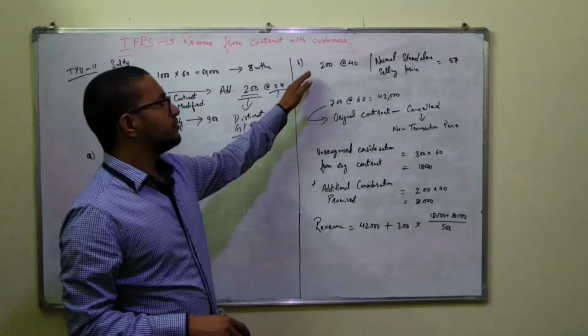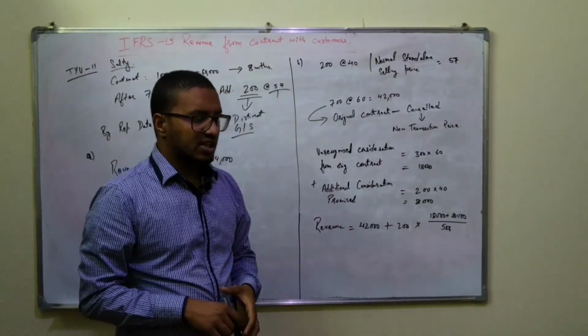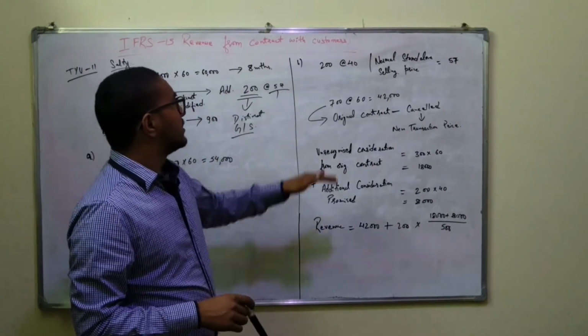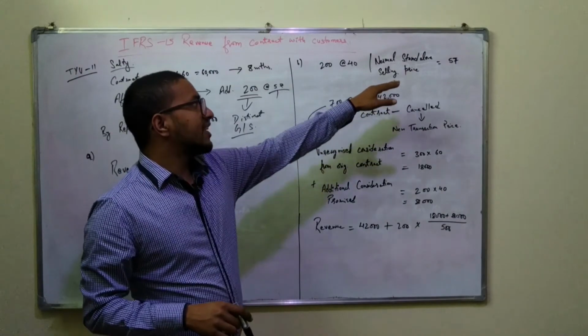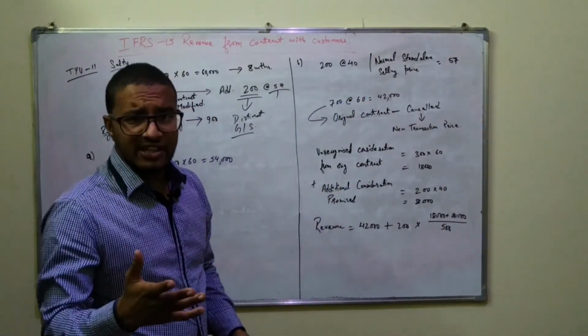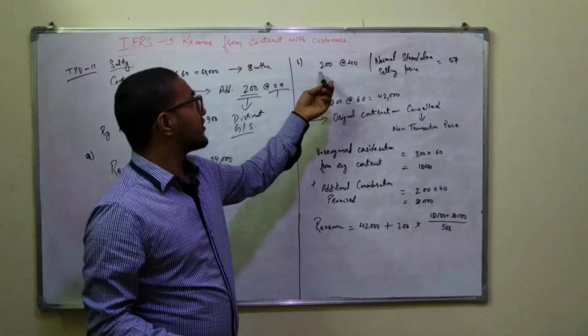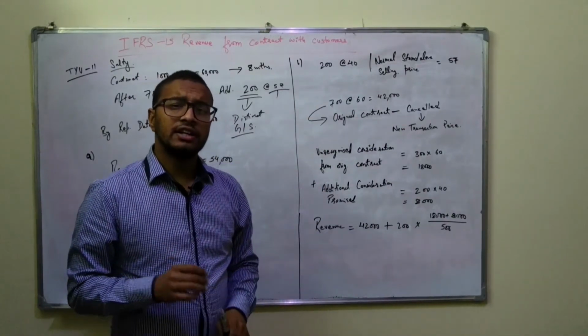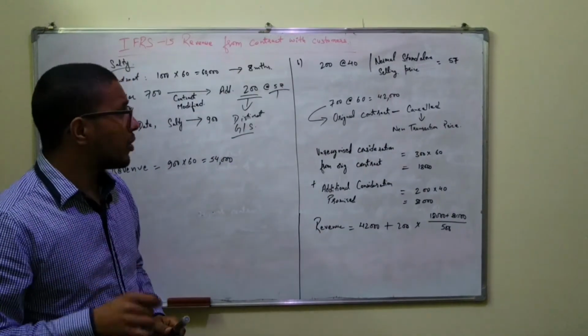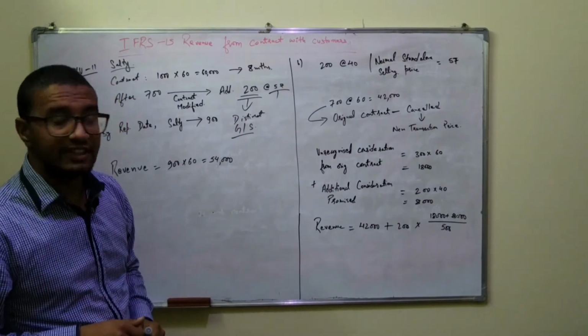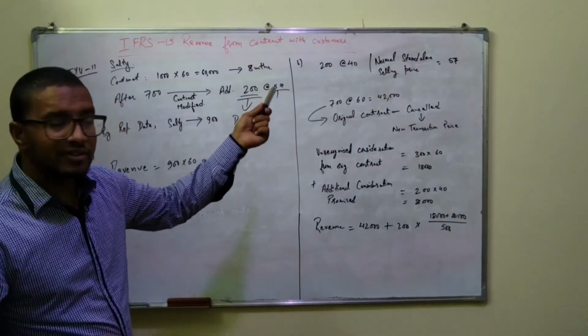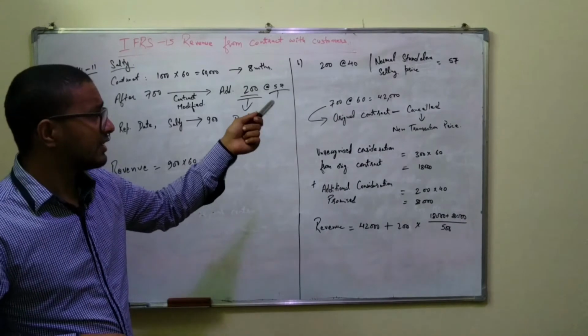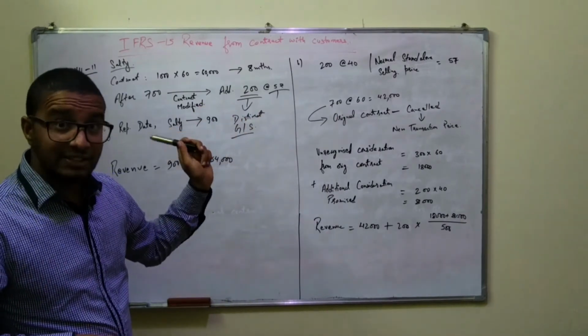So in case of B, the question has given us an assumption that the normal standalone selling price is 57, but when the new contract happened, when they signed a new contract, they signed it at a lower price of 40. Okay, so that price does not reflect standalone selling price.